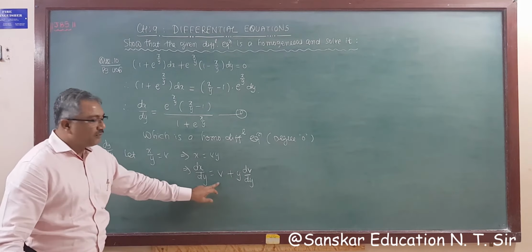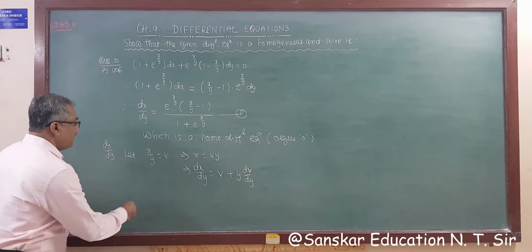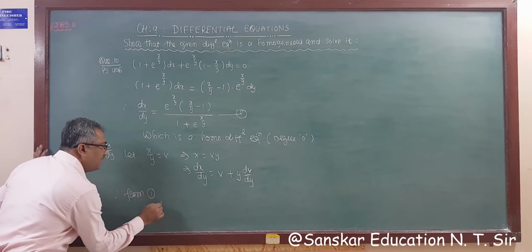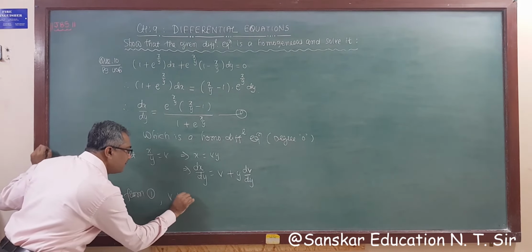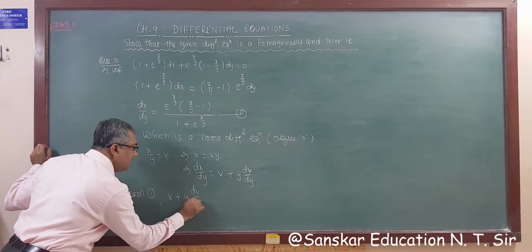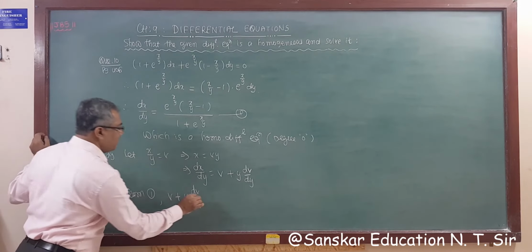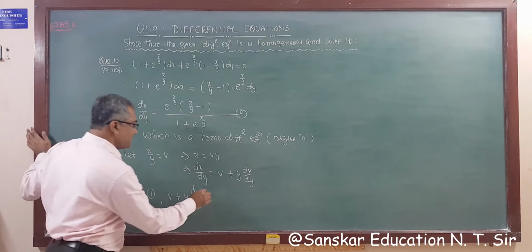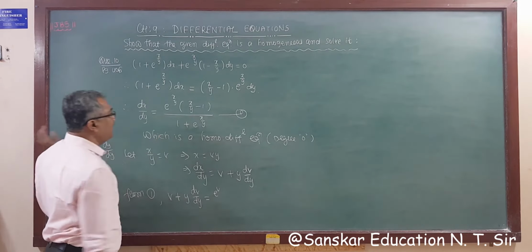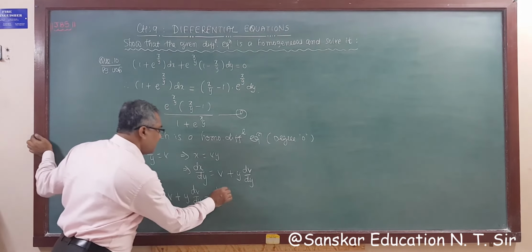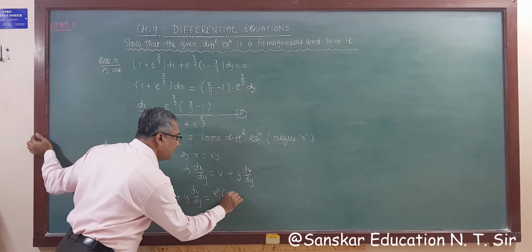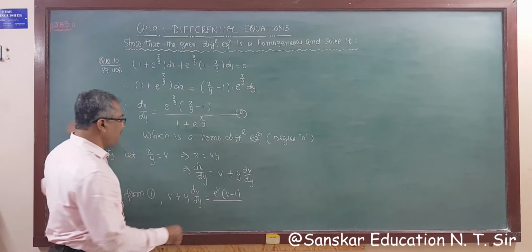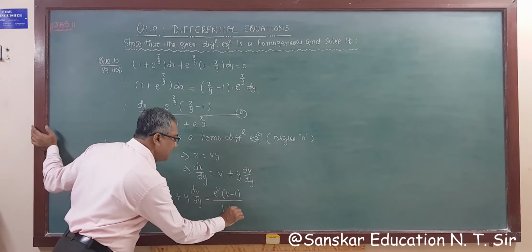So substituting all these values in equation number 1, we get, therefore from 1 we get v plus y dv by dy is equal to e raised to v, x by y is v, so this is e raised to v into (v minus 1) whole upon 1 plus e raised to v.